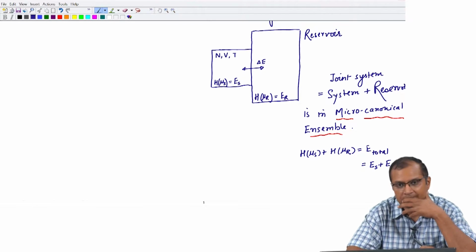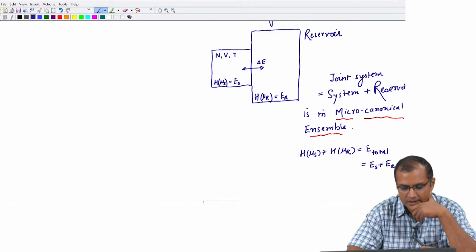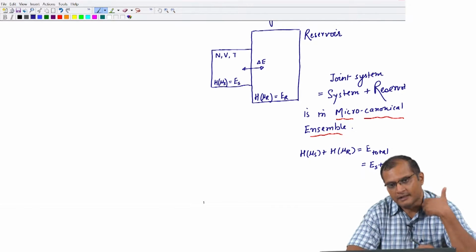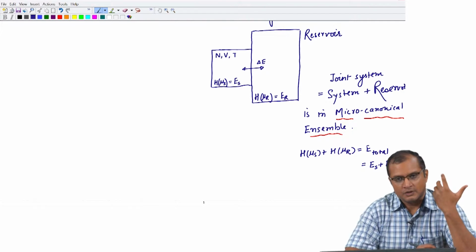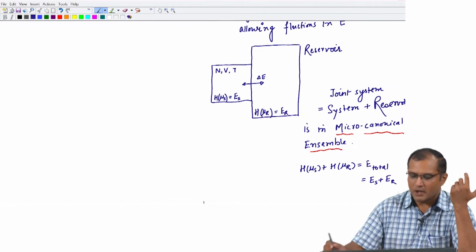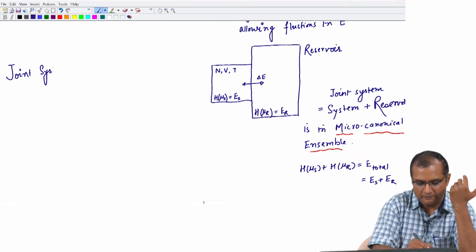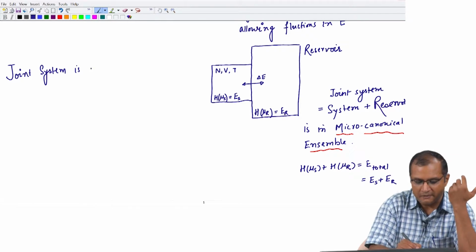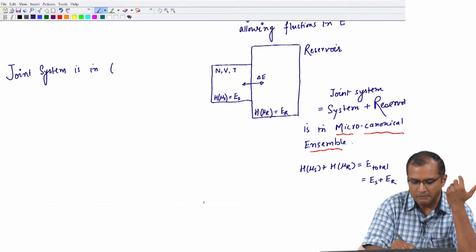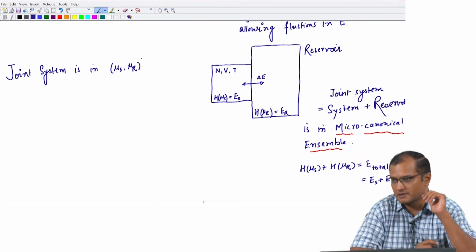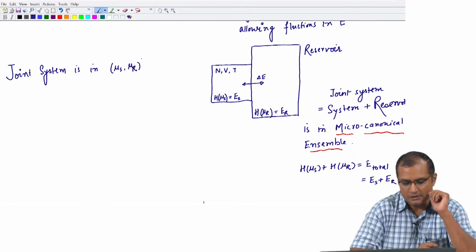Now, my system can exist in a large number of microstates and so does the reservoir. So, the joint system is in a microstate which is a doublet of mu_s and mu_r. You have to jointly specify mu_s and mu_r to specify the joint state of the system.